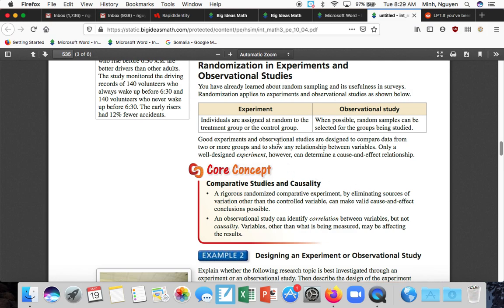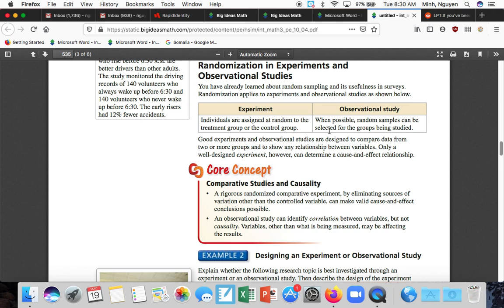Good experiments and observational studies are designed to compare data from two or more groups and to show any relationship between variables. Only a well-designed experiment, however, can determine a cause and effect relationship. If you're doing an observational study, then you can't determine cause and effect because you're just looking at what's happening.